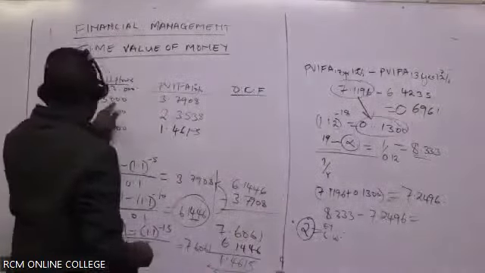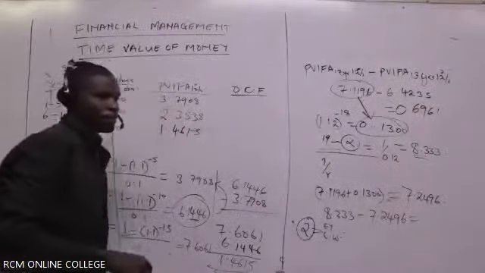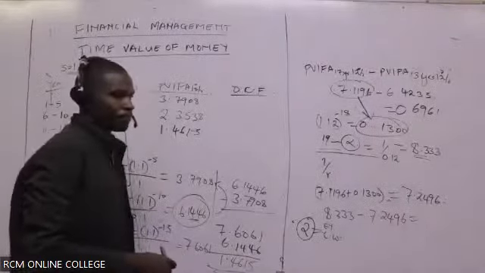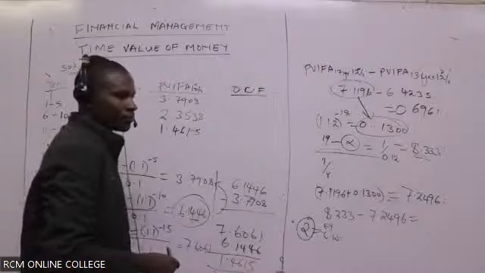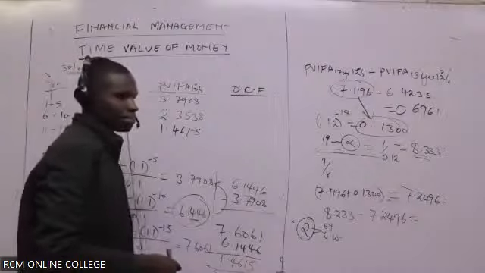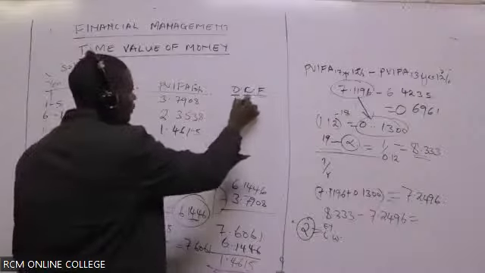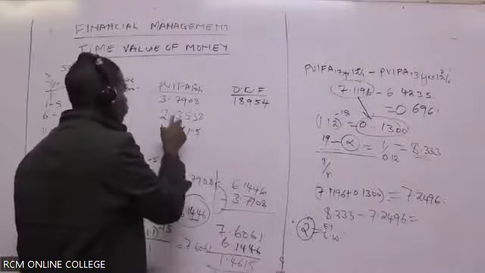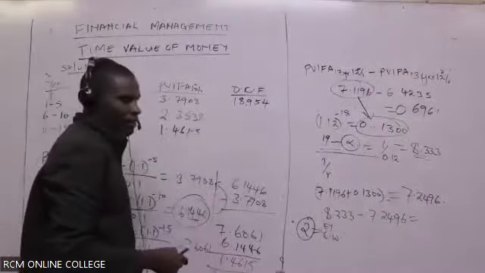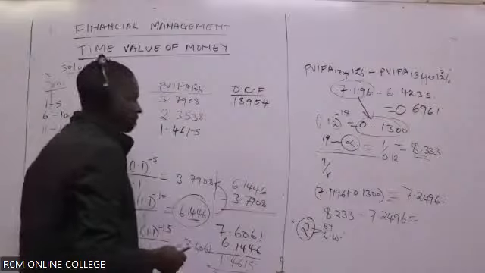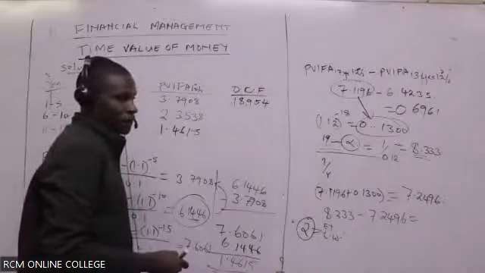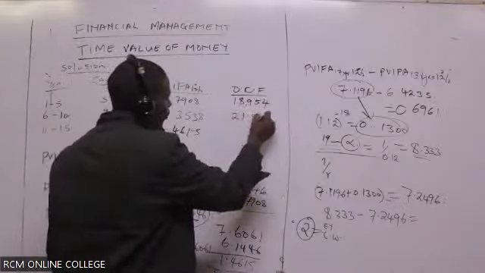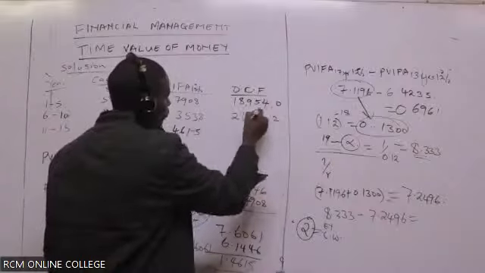So discounted cash flow: year one, this will be 5,000 times this. What do you get? As simple as that. 18,954. Then 9,000 times 2.3538 gives 21,184.2.